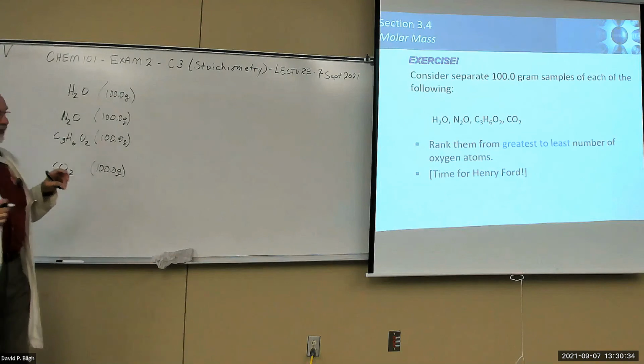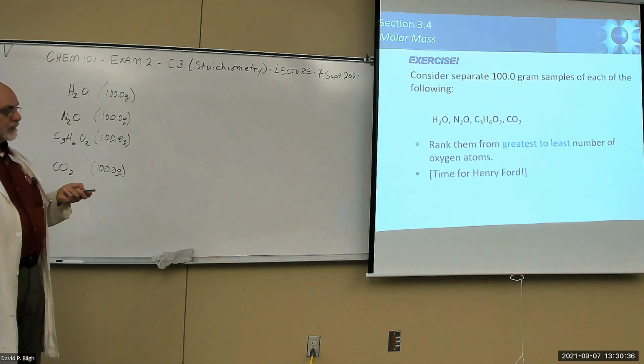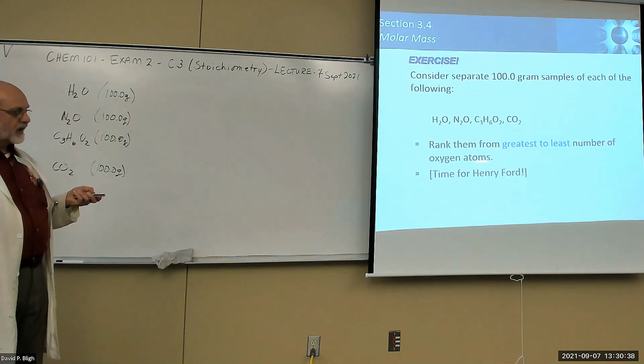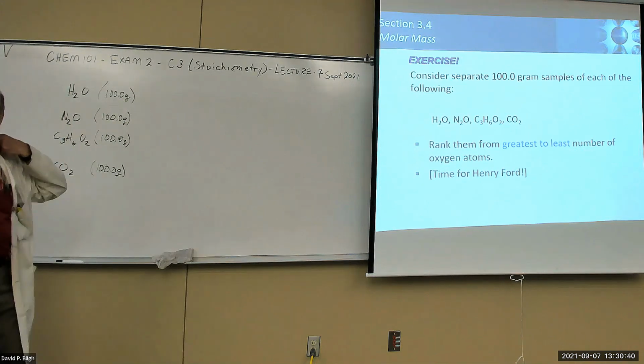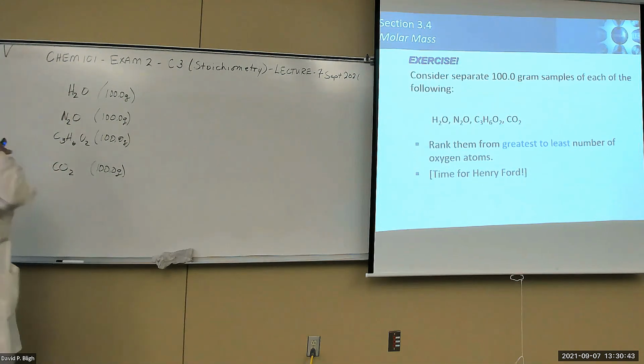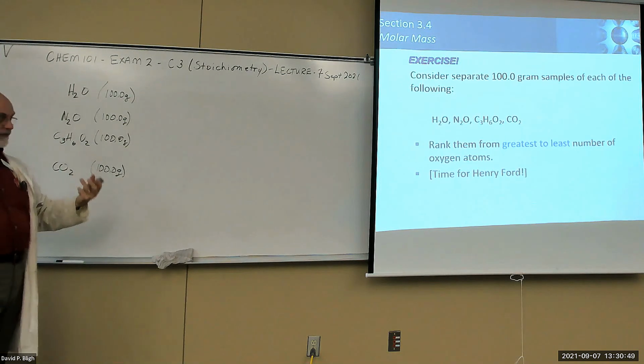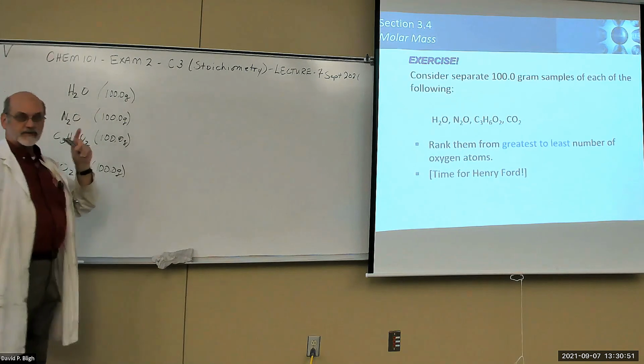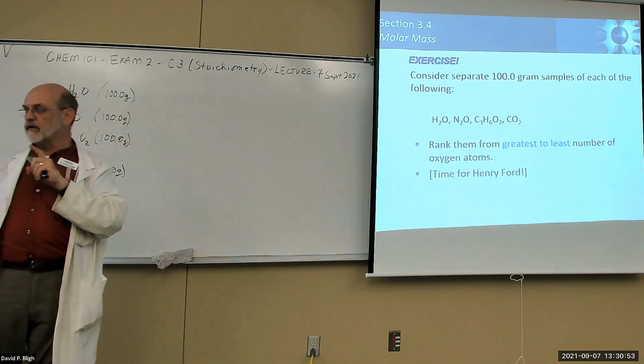Now we're going to convert that to what? Number of oxygen atoms. Can we do it directly? There's no conversion factor to go directly. So this is going to be a chain conversion. You're going to make a couple of steps before you get there. We're going to convert grams into moles of molecules.